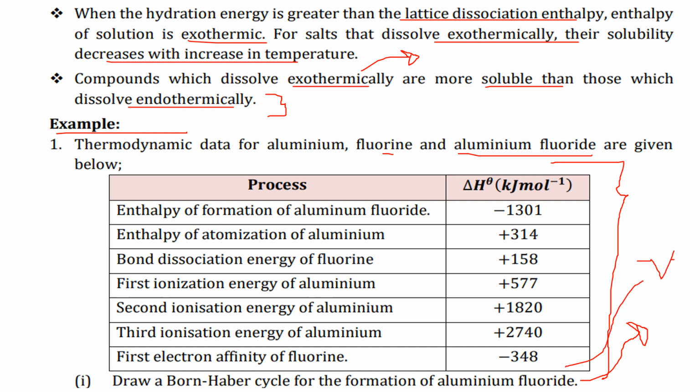But when we proceed to enthalpy of solution, the lattice energy turns positive. Reason being, in solution we are breaking the bond of aluminium fluoride into aluminium ions and fluoride ions. We covered energy level diagrams in the previous video, so I hope this will be a quick turnover for you.